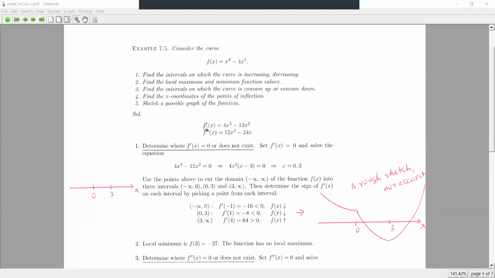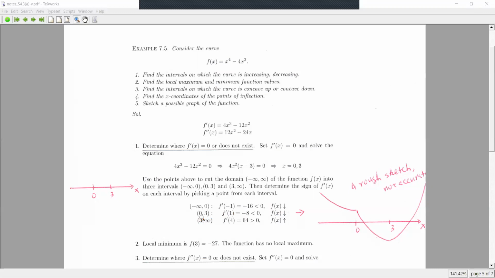So we get the derivative at -1 is 4 times -1 to the third minus 12 times -1 squared. I get -16, less than 0. So over this interval, the derivative is less than 0. And therefore, the derivative is the slope of the graph of f. Slope everywhere less than 0. The graph must be decreasing.